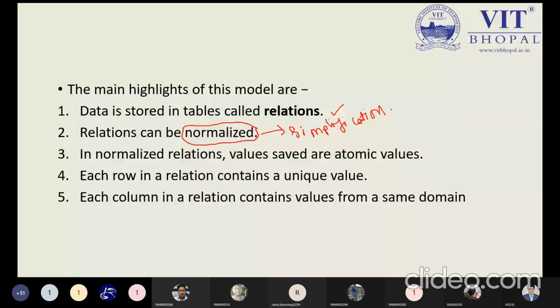What are the normal forms? We have 1NF, that is normalization form, second NF, and third NF. Again we have BCNF, that is Boyce-Codd normal form, then 4NF, also known as the multi-valued normal form, and then 5NF, also known as the projection normal form.